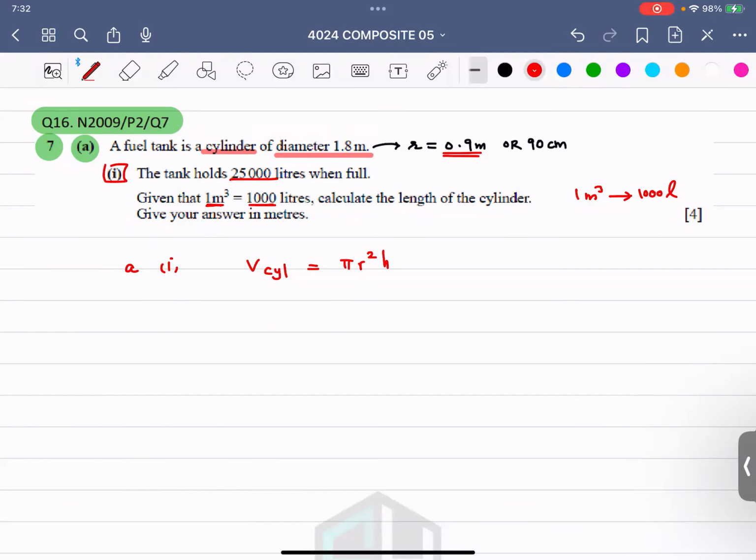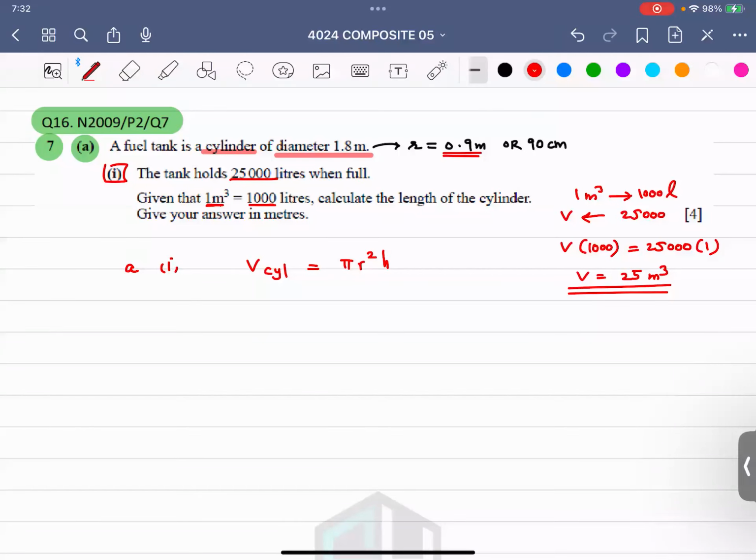So the volume is 25,000 liters. So that is 25,000 liters will become, let me use V. So V into 1,000 is 25,000 into 1. So V comes out to be 25 meter cube.